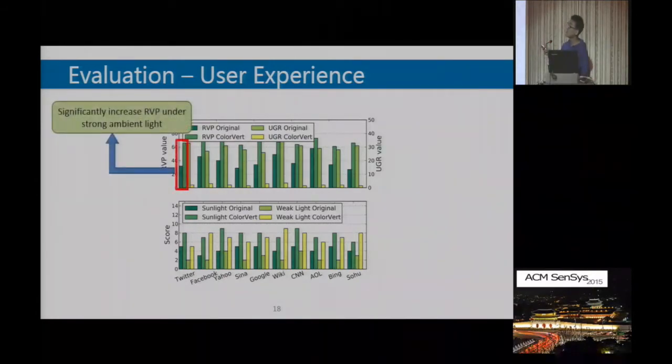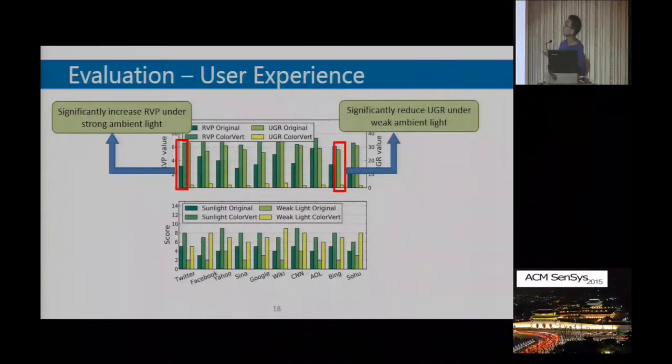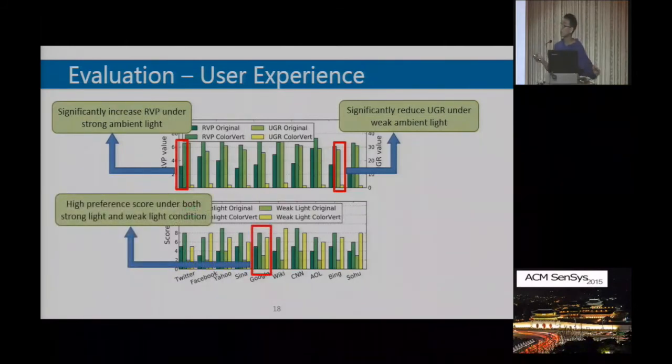You can see that the RVP value is increased significantly, and most of the RVP values are over 80%, which means good readability. And the UGR value is significantly reduced. All of them are lower than 10. Overall, the preference score in both strong light and weak light conditions is the highest using our ColorVert compared with the original version.